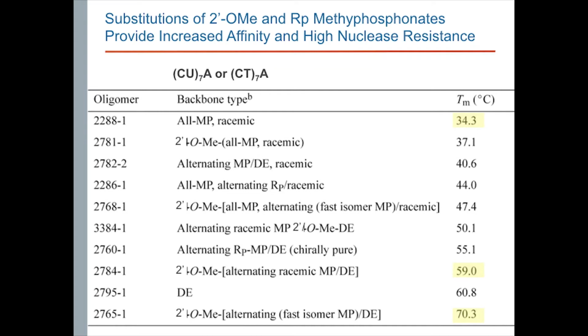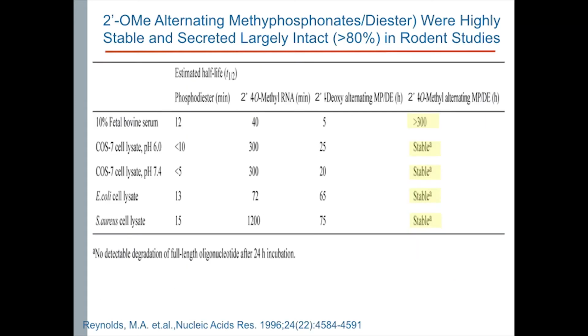But we essentially took a methylphosphonate with a TM at 34 degrees, and by then making it 2'-O-methyl and then chirally pure methylphosphonate interchanges, we took that 34 degree TM to 70 degrees. And when we looked at these, they were bulletproof in terms of stability compared to even 2'-O-methyls over here. Here's again this reference.